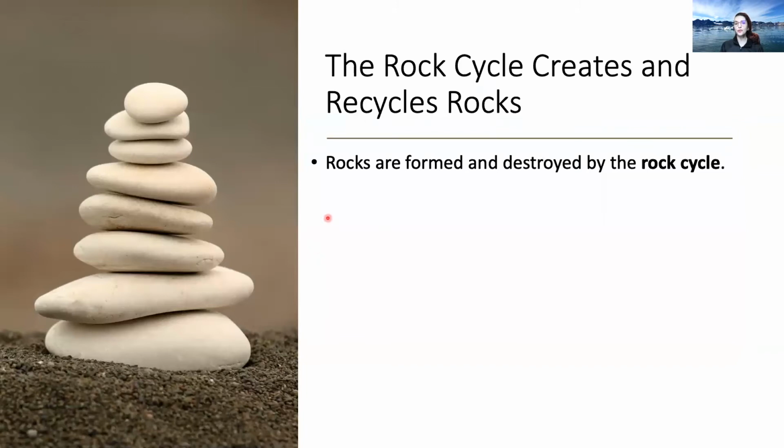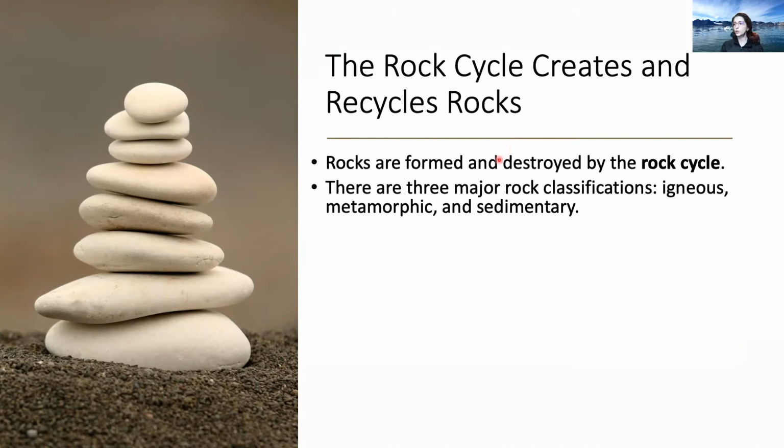These rocks are formed through what we call the rock cycle, which is just a cycle that creates and recycles rocks on our surface. So these rocks are formed and destroyed by different parts of the rock cycle. There are 3 major rock classifications. We have igneous rocks. Those are solidified from hot, molten magma or lava.